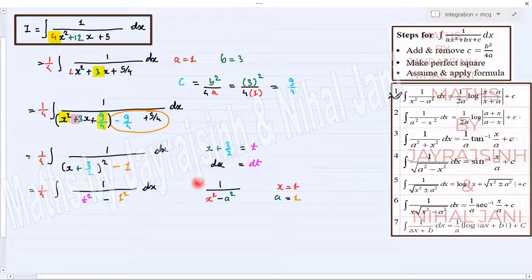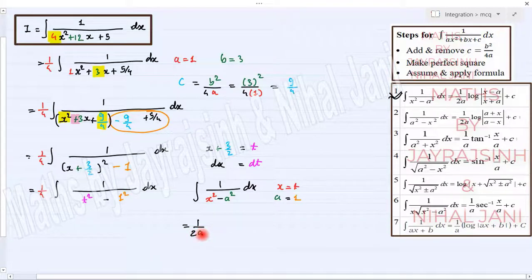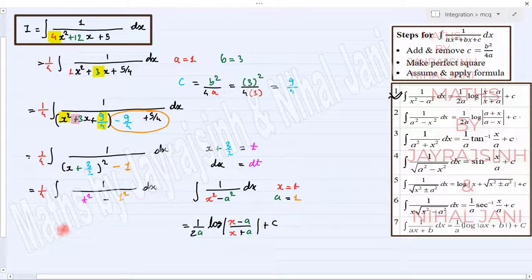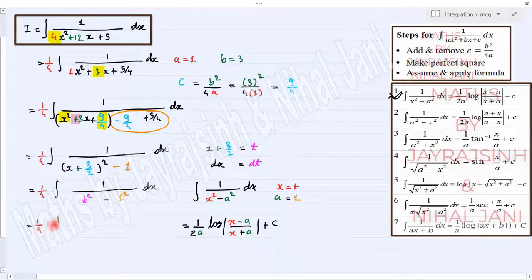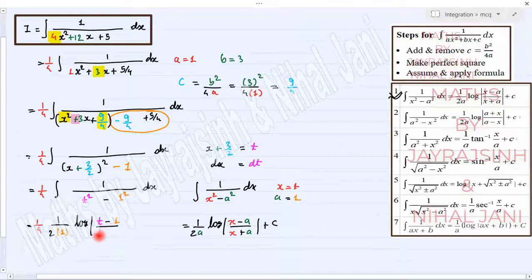And using the first formula, its integration is 1 upon 2a log mod x minus a upon x plus a plus c. So, here we'll get 1 upon 2 times 1 and log mod t minus 1 upon t plus 1 plus c.